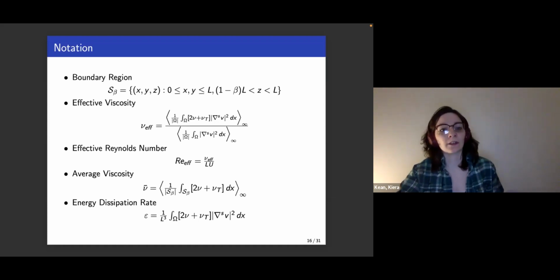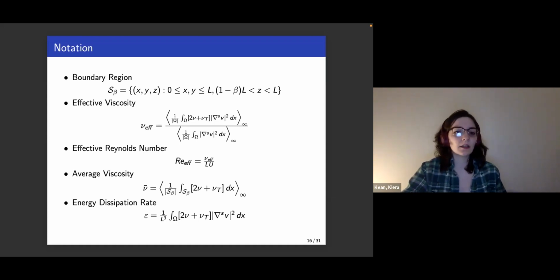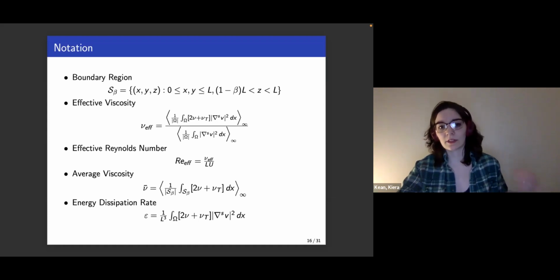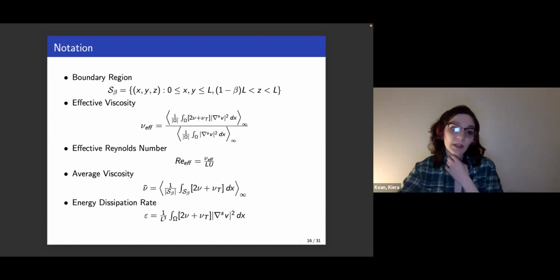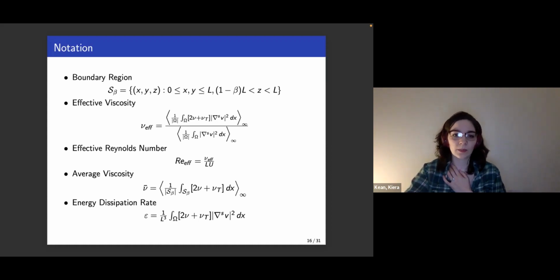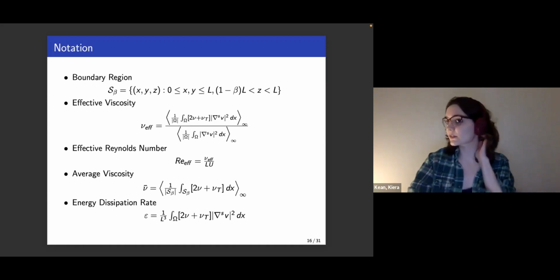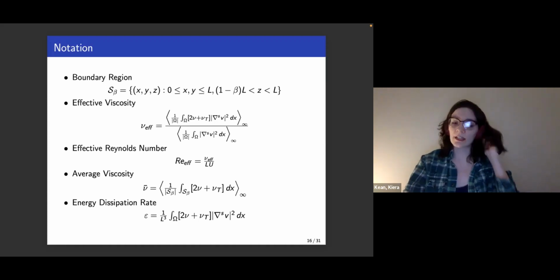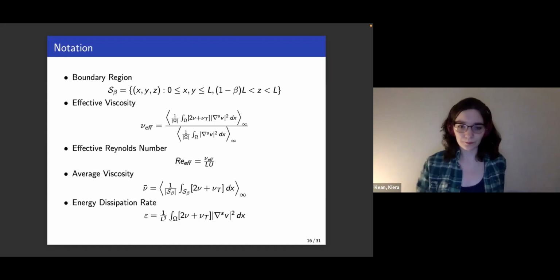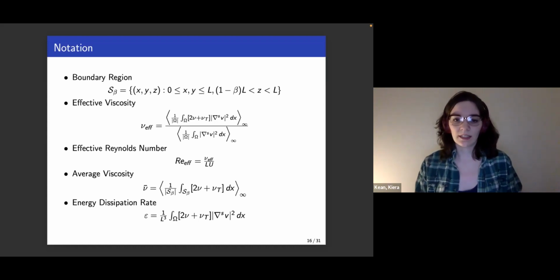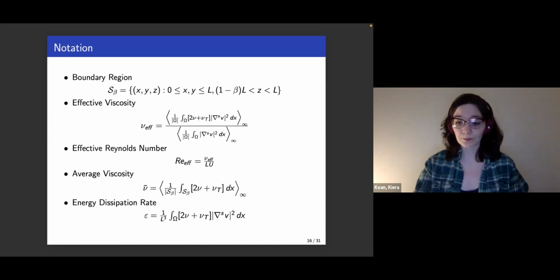Our new term that we define is the average viscosity, which is, as it sounds, the average of the viscosity in the boundary layer specifically. And we also have our energy dissipation rate to be a combination of viscous dissipation and model dissipation coming from our enhanced turbulence viscosity.